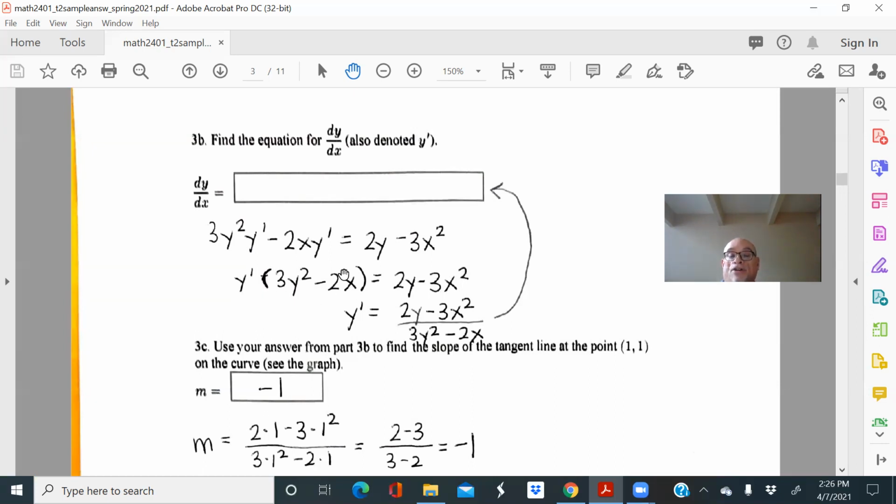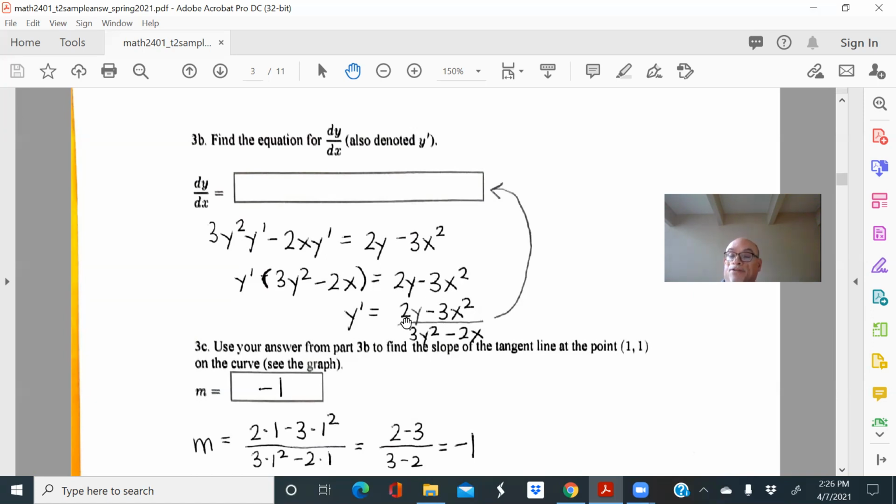And now to finish solving this equation for y prime, just divide both sides by 3y squared minus 2x. So divide both sides by 3y squared minus 2x, and we get this. So there is your formula for the derivative y prime. It's 2y minus 3x squared over 3y squared minus 2x.